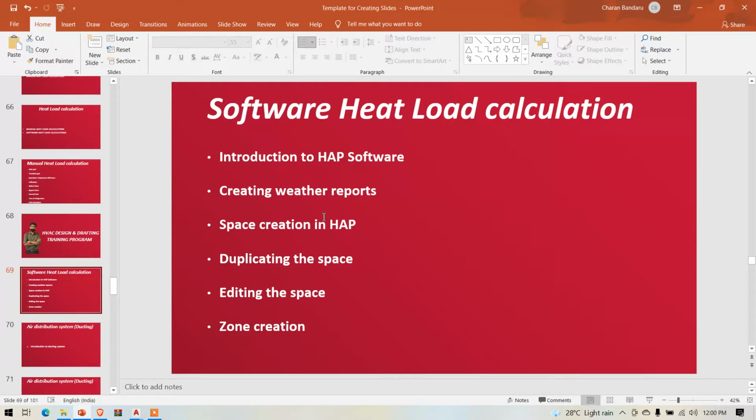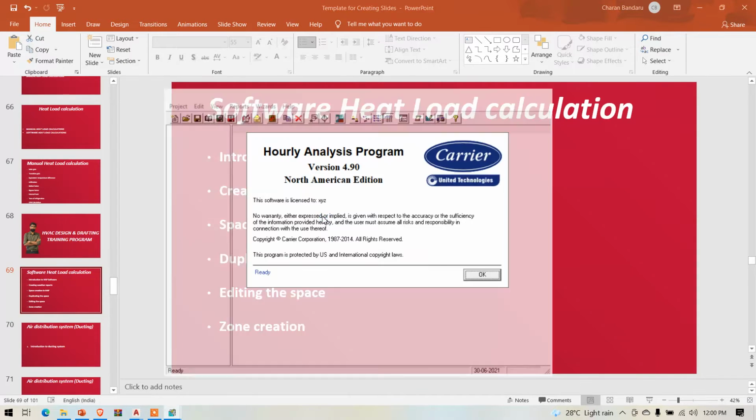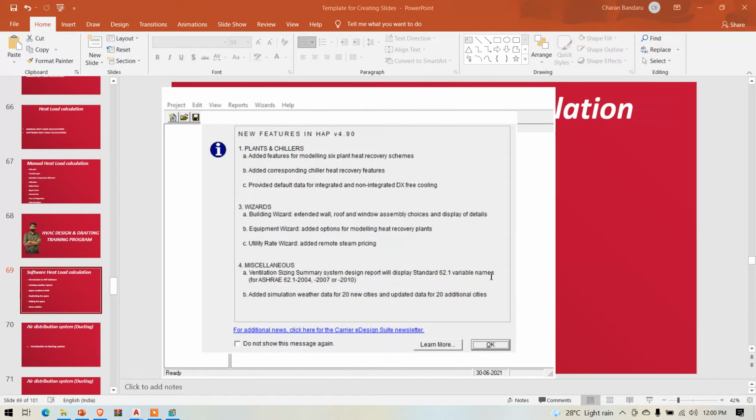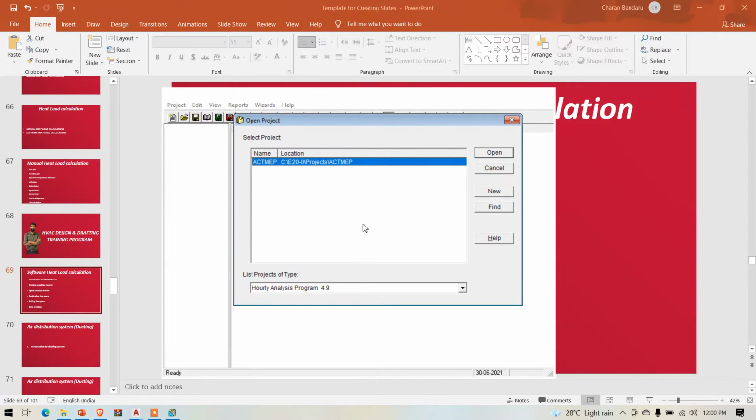In this software, the main advantage is that you get accurate results as well as documents. Mainly, this 4.9 version is developed by Carrier Software, the Carrier company people, and here we are going to learn about the entire software load calculation.